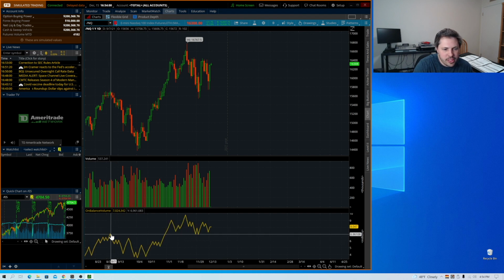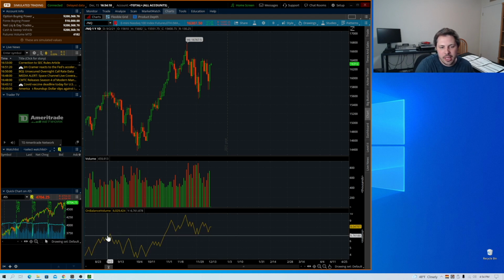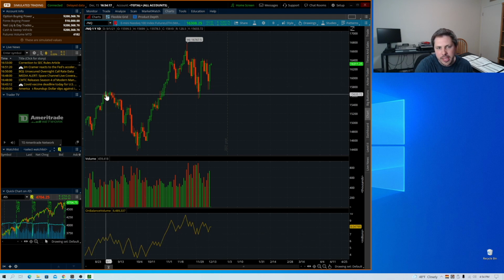If the volume is decreasing rapidly and there's not enough buyers, well, then the price has to adjust, and we could make the assumption that when this on balance volume starts to decrease here, the price would then follow.